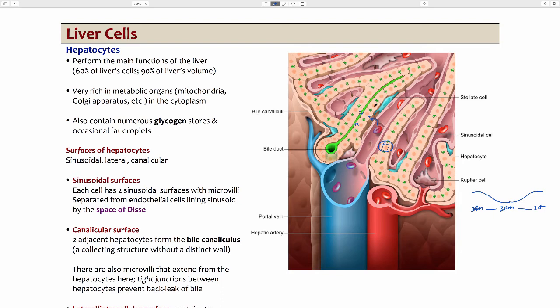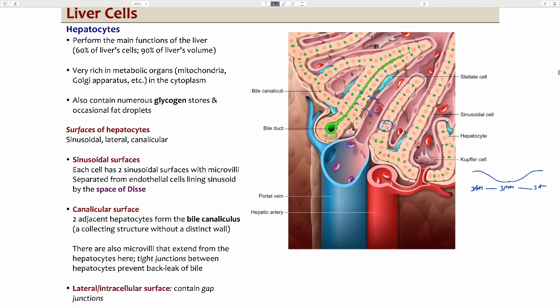And then the hepatocyte might actually add nutrients that will go into this sinusoid. And this will all drain back to the central vein. Notice the Ito or stellate cell found here in the space of Disse. And here we have a Kupffer cell, a macrophage doing its macrophaging activity.